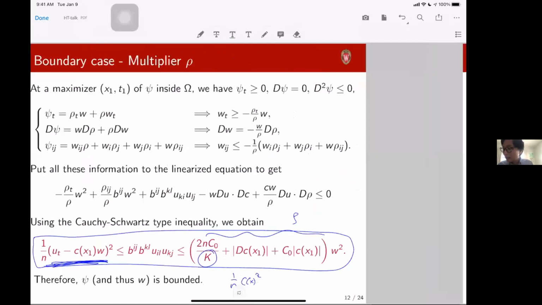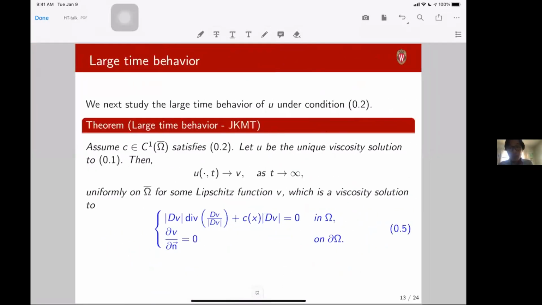Right. Now, given that condition 0.2, that is 1 over n c(x) squared minus d c(x) minus delta is greater than or equal to max of 0, and the conditions on the boundary, we have that the solution is globally Lipschitz.